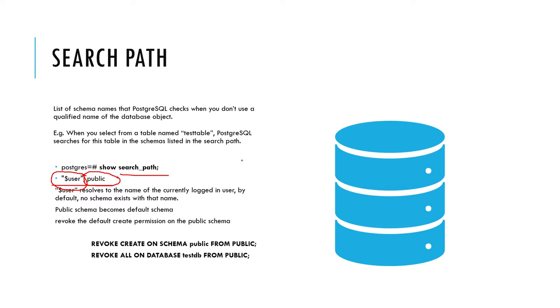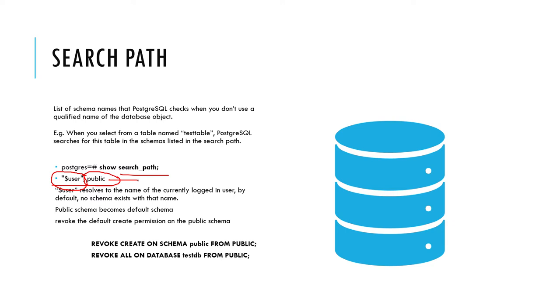So as I mentioned, in the DVD rental database, if I am just saying select star from actor, and I'm logged in as the Postgres user, it will try to look for the schema which is equivalent to the database username, which is not the case. So it will look for the information in the public schema.